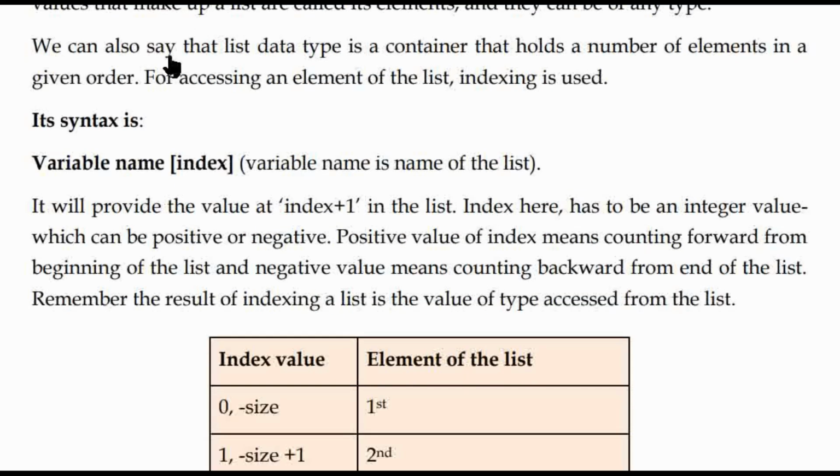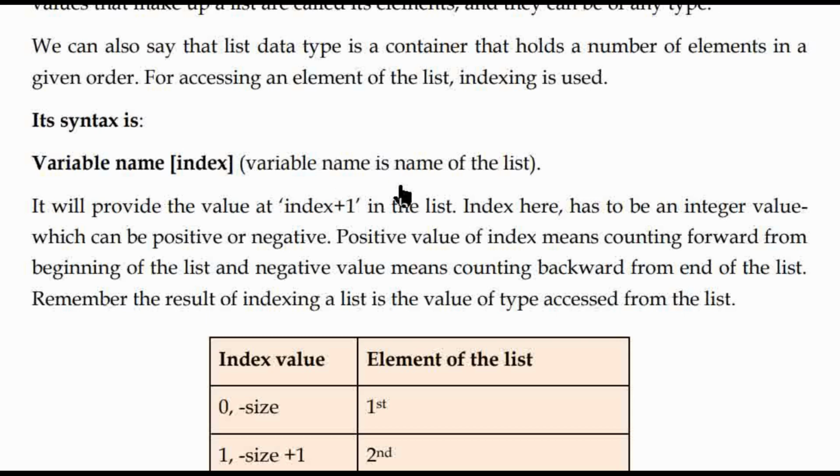We can also say that list data type is a container that holds a number of elements in a given order. For accessing an element of the list, indexing is used. Its syntax is variable name[index].